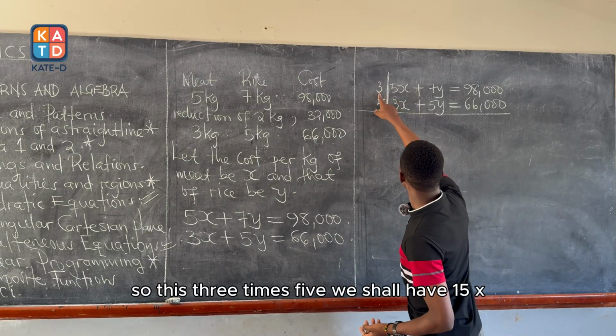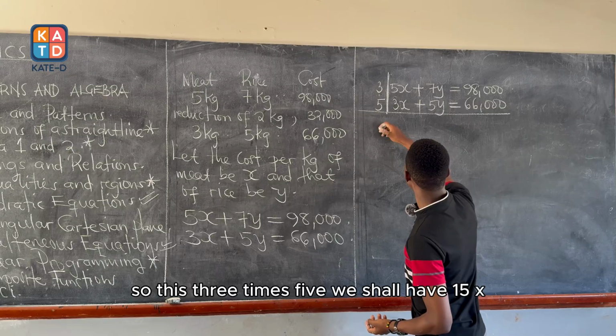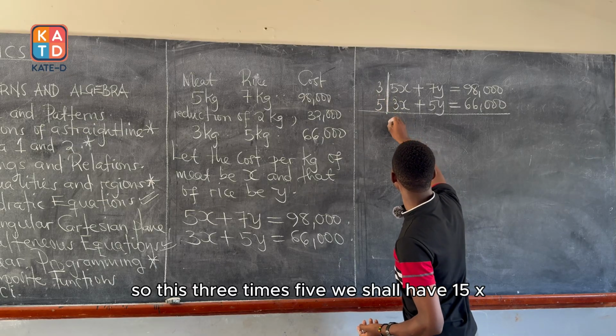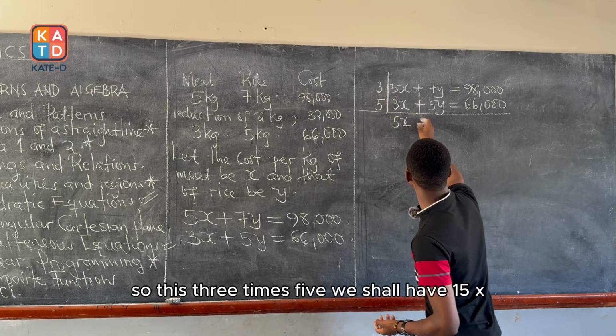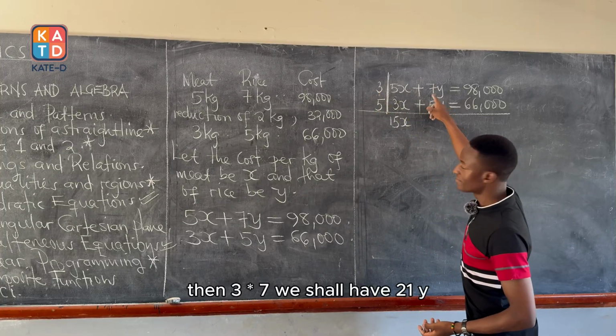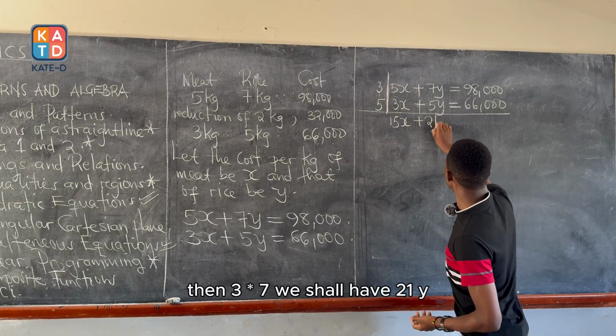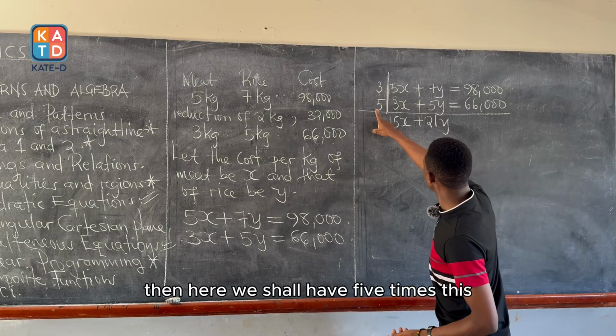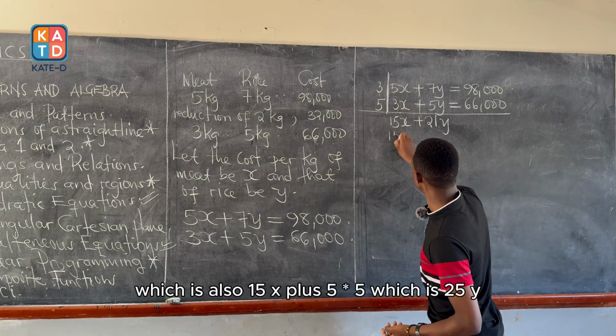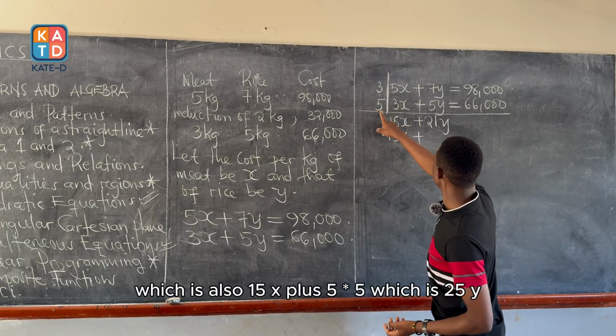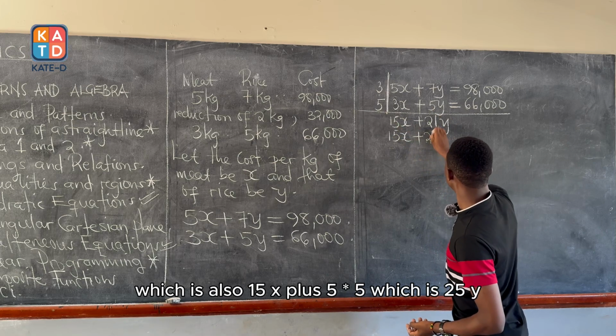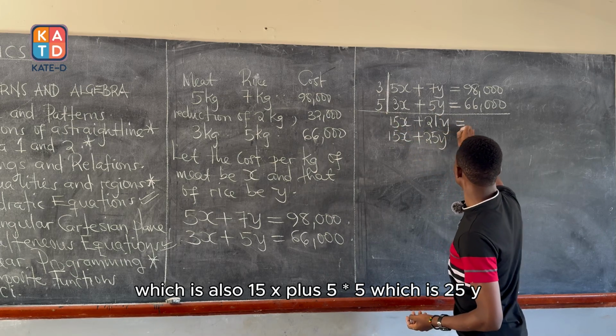So this 3 times 5, we shall have 15x. Then 3 times 7, we shall have 21y. Then here we shall have 5 times this, which is also 15x, plus 5 times 5, which is 25y.